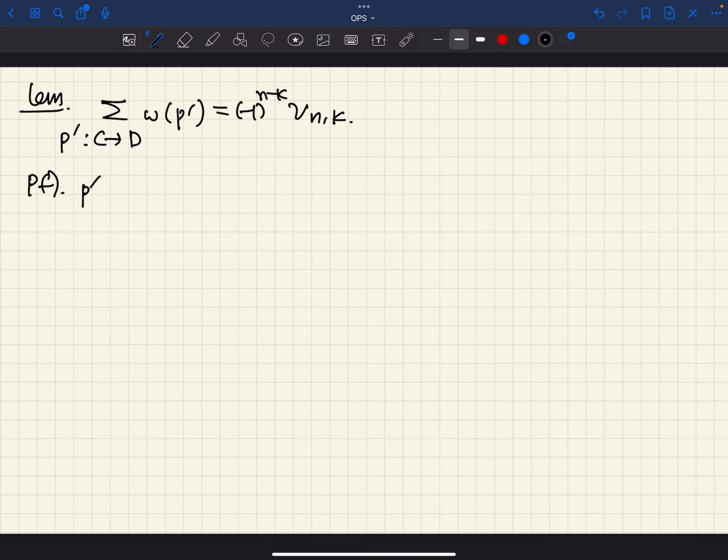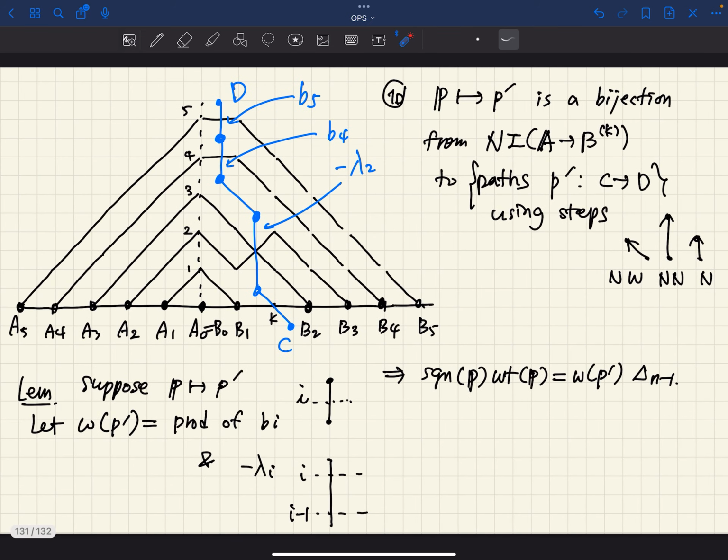P prime is actually in one-to-one correspondence with Favard tiling, n comma k. Because Favard tiling means we have dominoes or two types of monomials. So a domino corresponds to this.